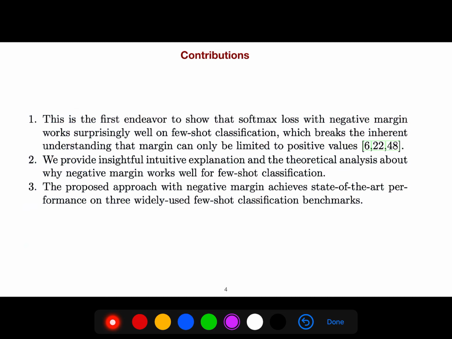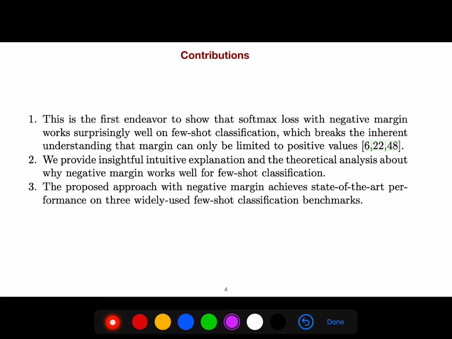So there are 3 contributions in this paper. The first one is the first endeavor to show that softmax loss with negative margin works surprisingly well on few-shot classification, which breaks the inherent understanding that margin can only be limited to positive values.